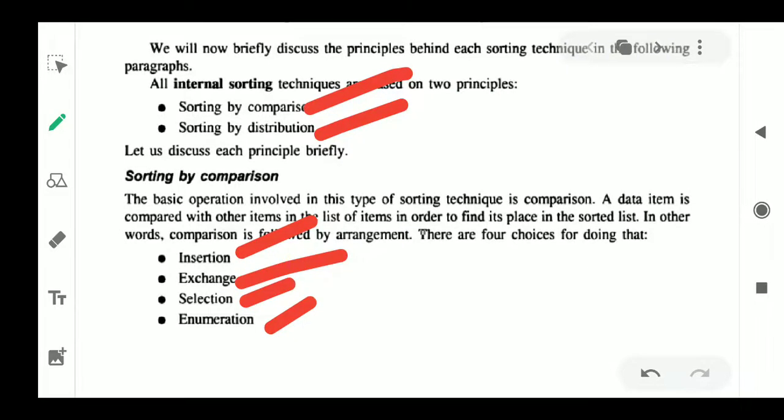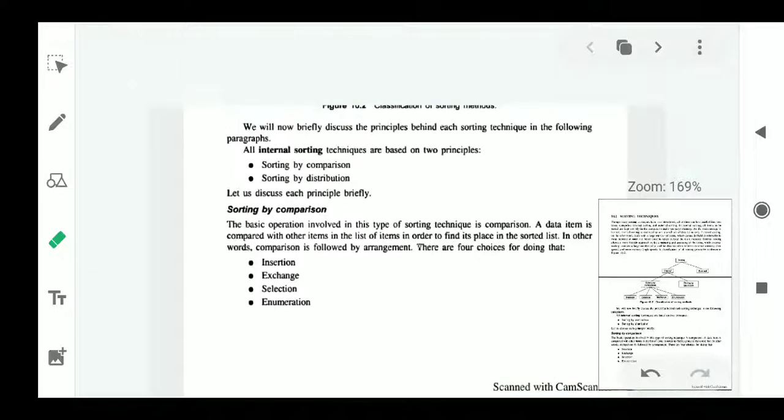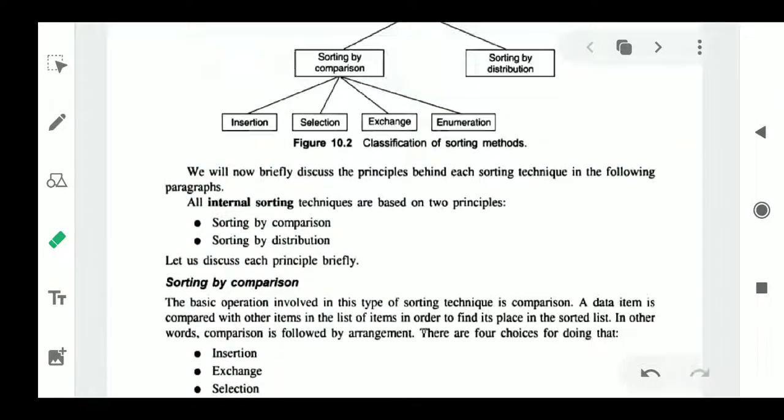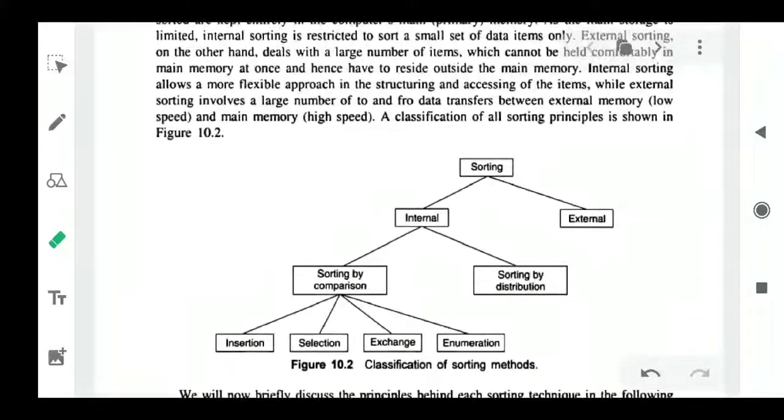This is called comparison sorting, and all the methods like insertion, exchange, selection, and enumeration come under sorting by comparison. So these are the sorting techniques available for us. Please concentrate: internal sorting, external sorting. Sorting by comparison and sorting by distribution come under the category of internal sorting.